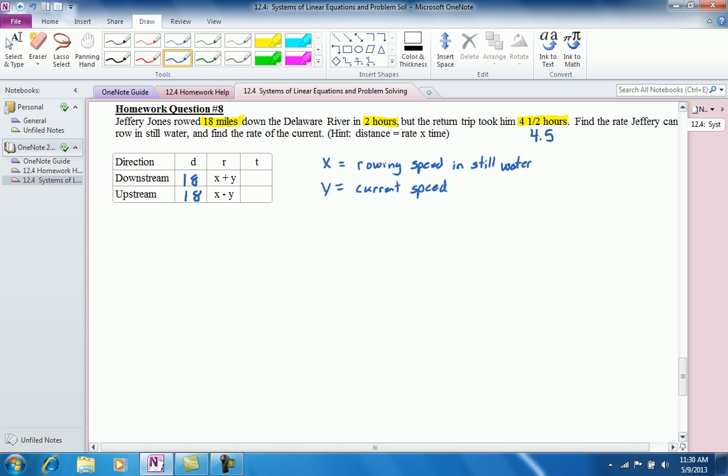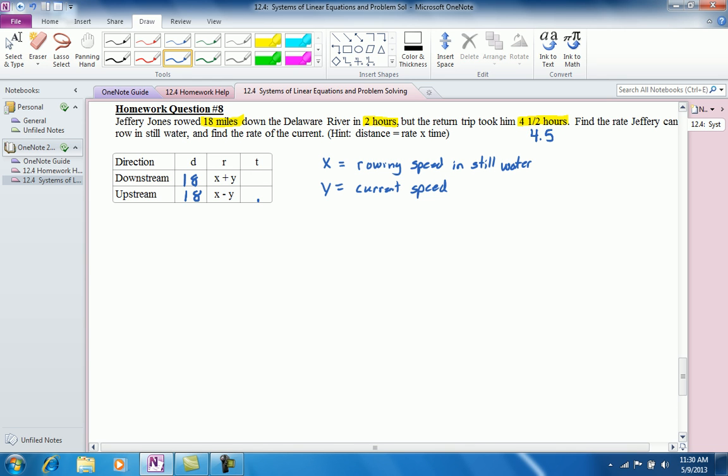Now I gotta figure out which one would be 2 hours and which one would be 4.5 hours. So let's focus on the downstream. If I look at the rate of the downstream, it is x plus y, which means that you're adding the current speed to Jeffrey's rowing speed. So the current is helping him, allowing him to go faster than he would be going on his own. The faster you go, the less time it takes to get somewhere.